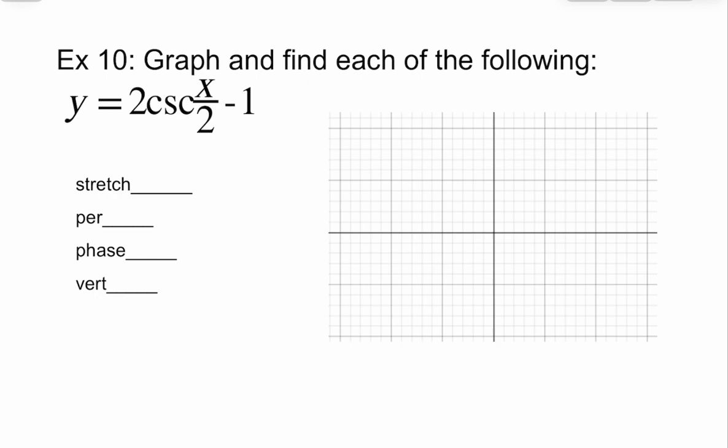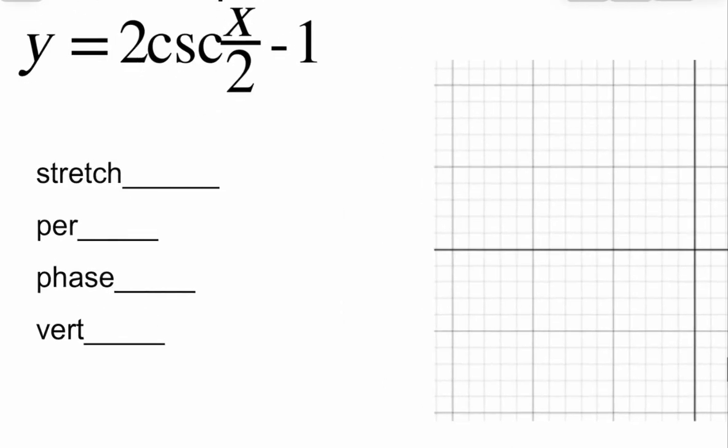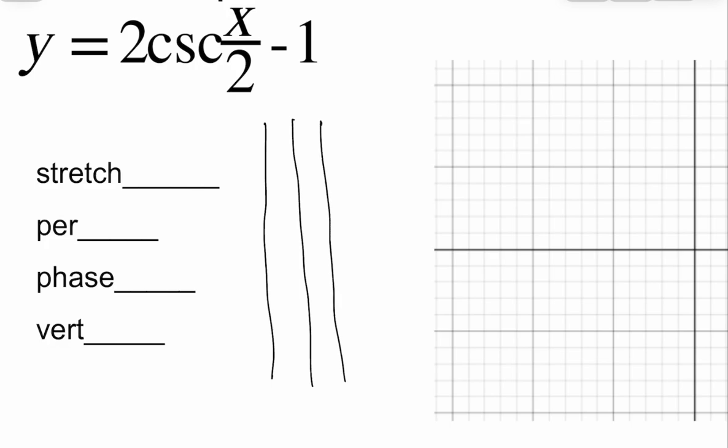Okay, so the first thing I am going to do, just as I have done in the last one, is make, for my reference, a little table for the sine and the cosecant. So it goes 0 and 0.